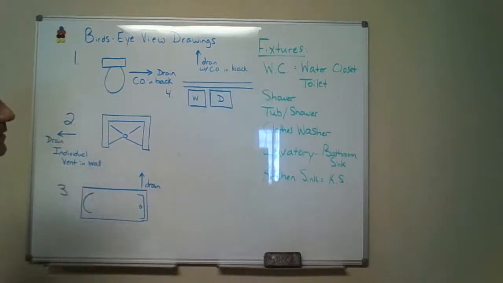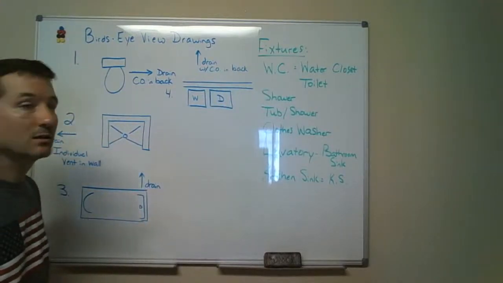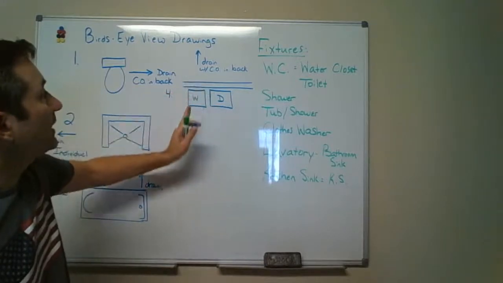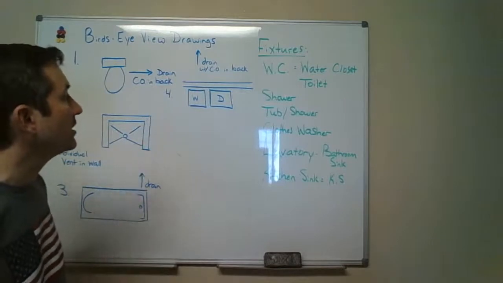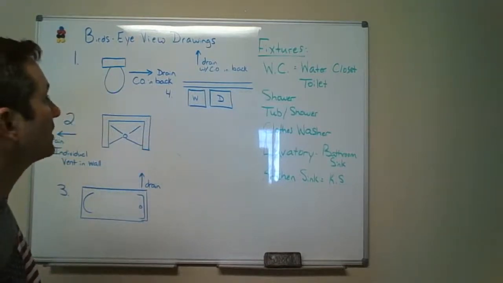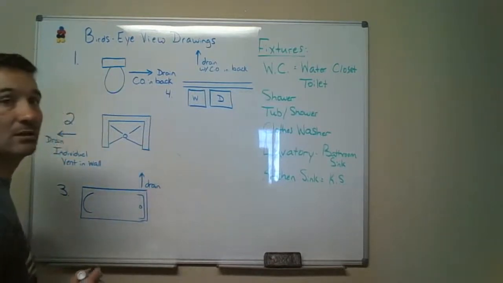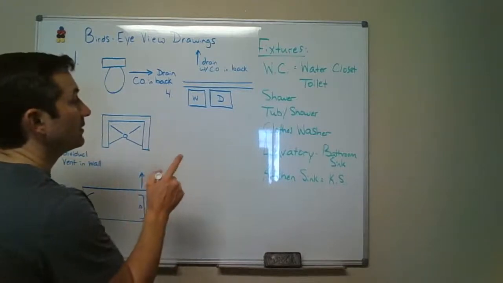Okay? There's your washer and dryer. You're sending the drain going out in this direction, putting a clean out in the back of that main drain that's underneath the floor. Go back and look at your notes. Go back and look at the video and get that drawn.